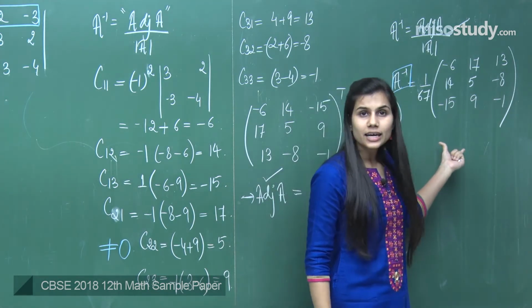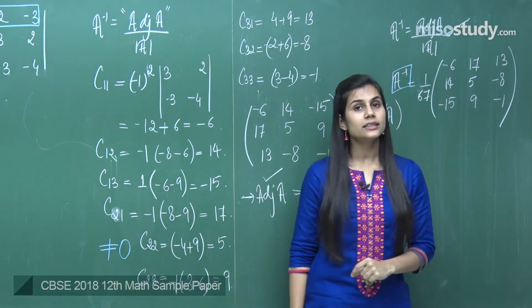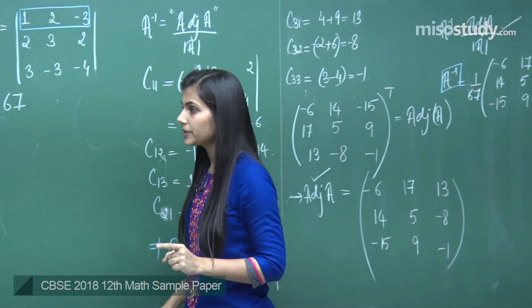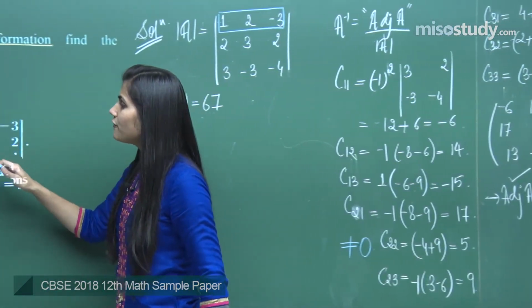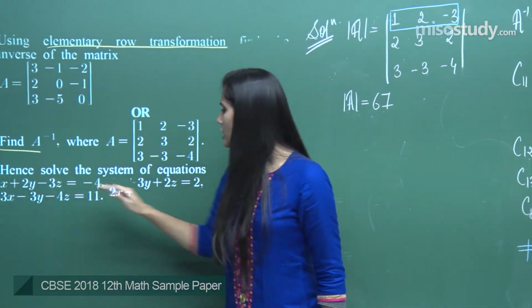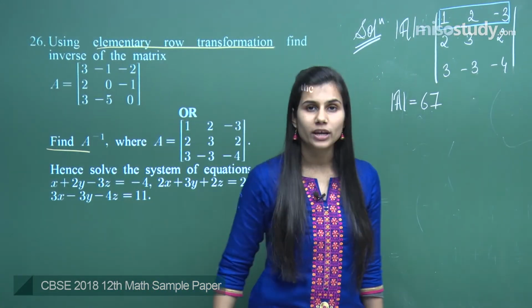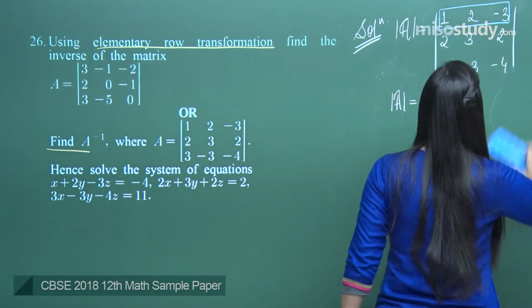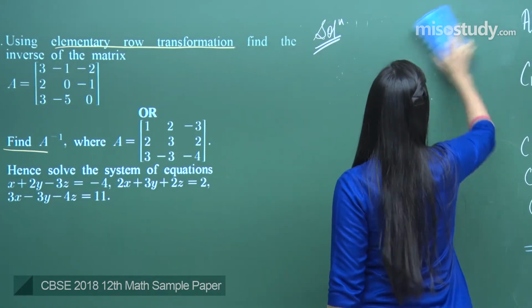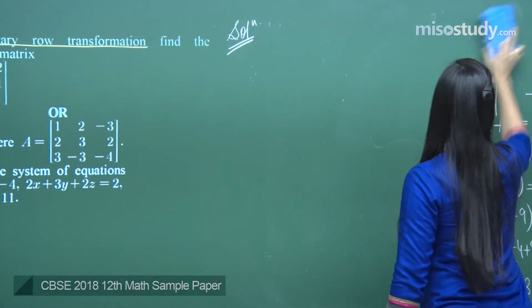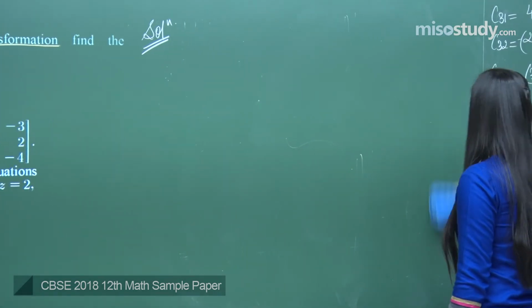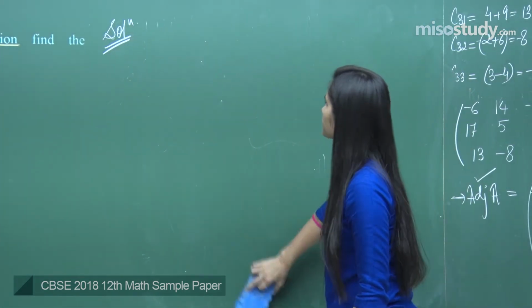The question is not only asking this much, the question is also asking something else. It is saying once you have found A inverse, hence solve this system of equations. Let's see how A inverse is useful in finding it out.